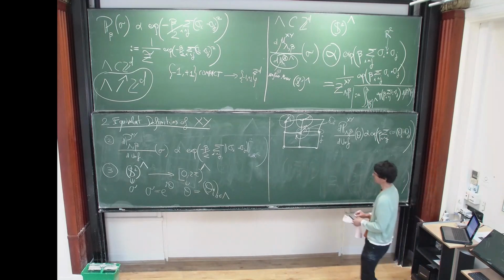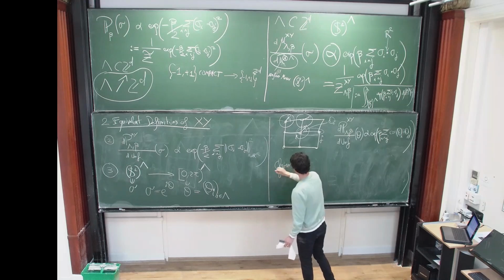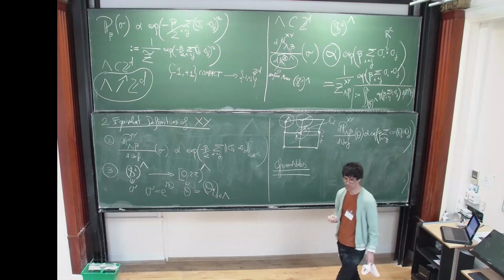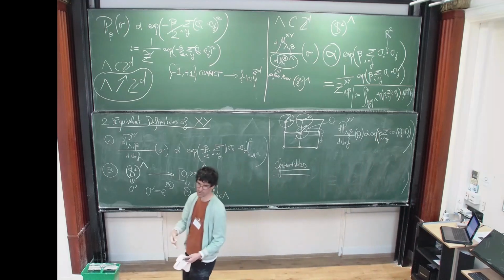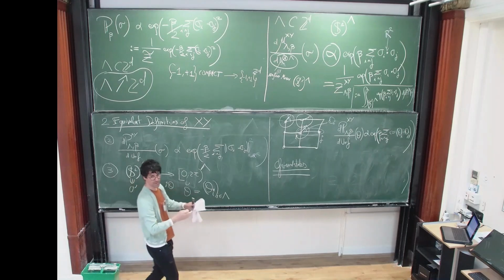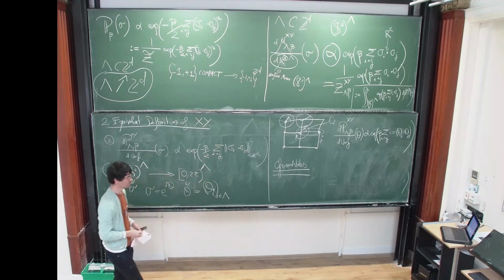So maybe before I get back to the slides, one can ask, what are the ground states? The ground states in physics are the configurations with lowest possible energy. I didn't quite introduce the energy here. So in this setting, it would be the configuration with highest weight under those Boltzmann type measures.